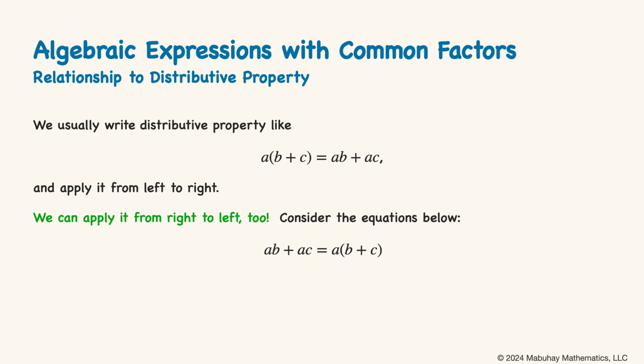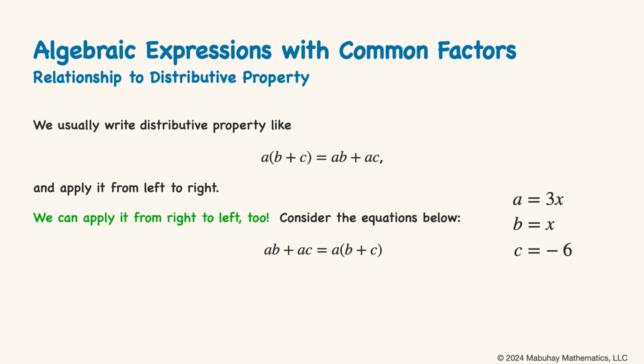And so what we want to do is compare this to the example we did on the previous slide. We want to align the A, B, and C with the right pieces from the last example. Let A represent 3x, B represent x, and C represent negative 6.